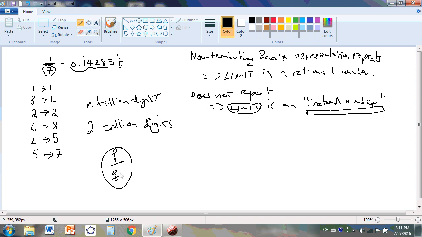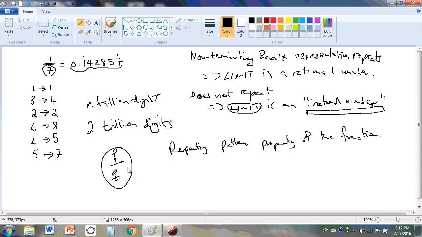Now when you find a pattern that repeats for a certain fraction like this, the repeating pattern is a property of the fraction, not the other way around. A fraction is not the property of a repeating pattern of digits in any radix representation.